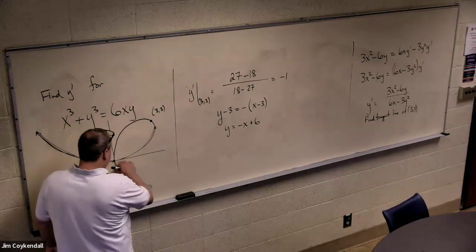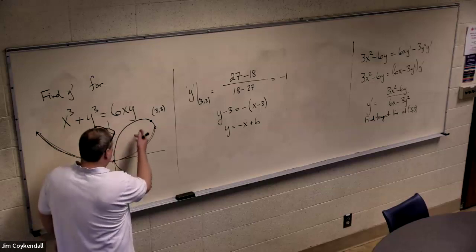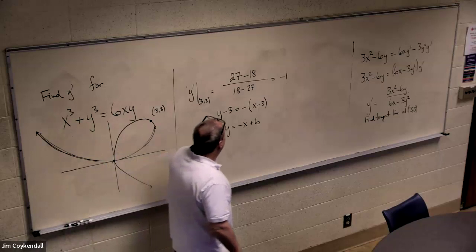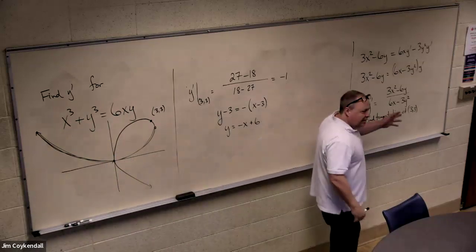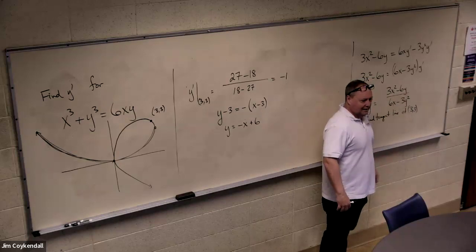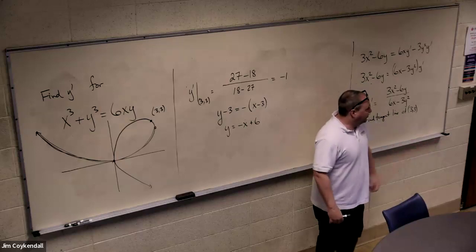Well, from one perspective it should be horizontal, but from another perspective it would be vertical, right? What happens when you plug in 0, 0? You get 0 over 0.